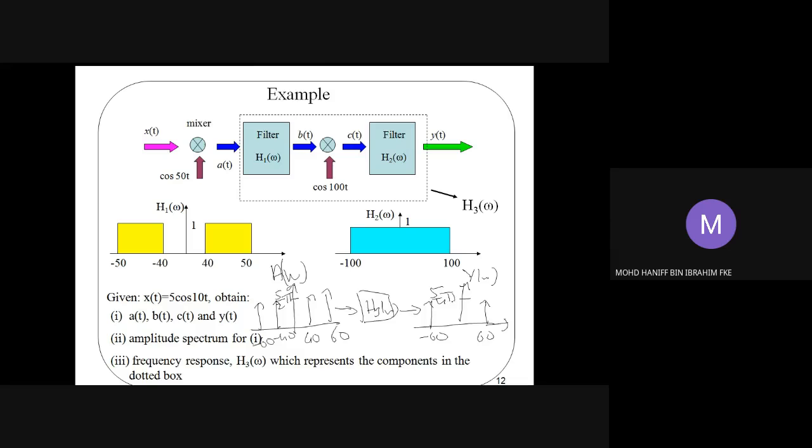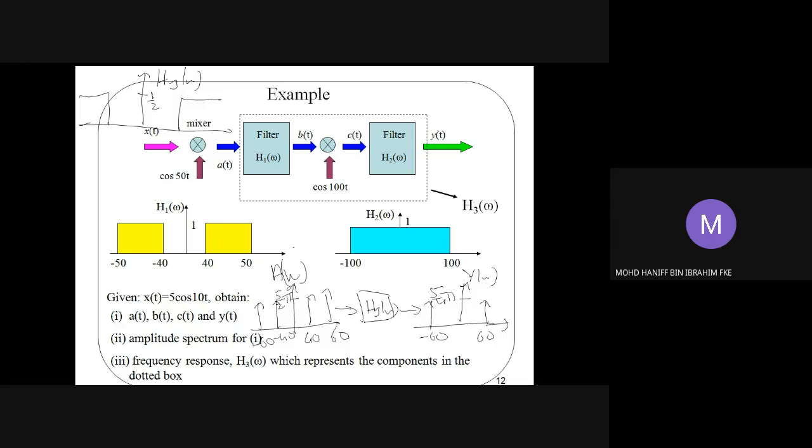So what should be the possible response for H3(ω)? From here, we can say the response will look like this. Let me sketch it here. Based on the input and output, the amplitude of this response will be equal to half. Why half?